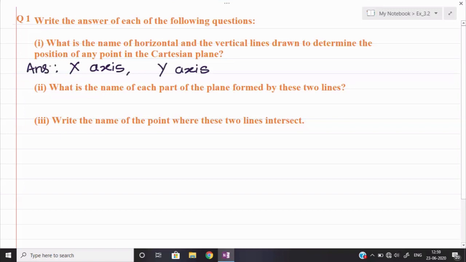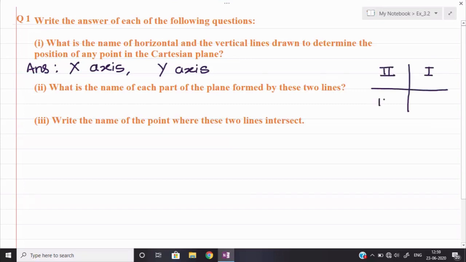What is the name of each part of the plane formed by these two lines? See, I have shown you this is my y-axis and this is my x-axis. This is the first quadrant, first part. This is the second quadrant, second part.